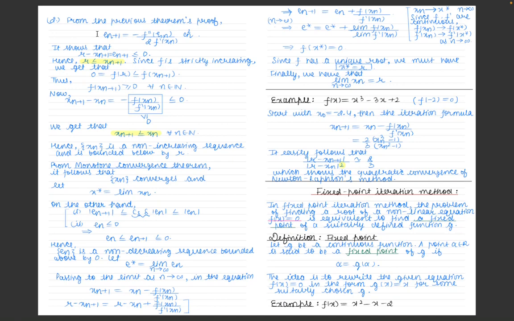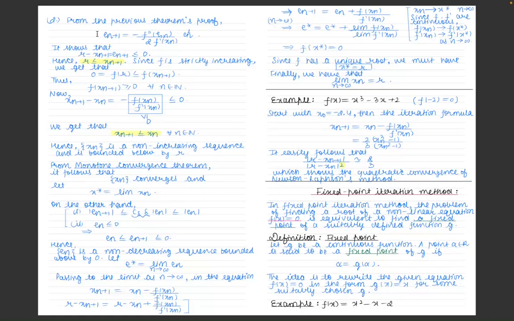Now you see, what was our x n plus 1 minus x n? It was minus f of x n by f prime x n. Now you use this.